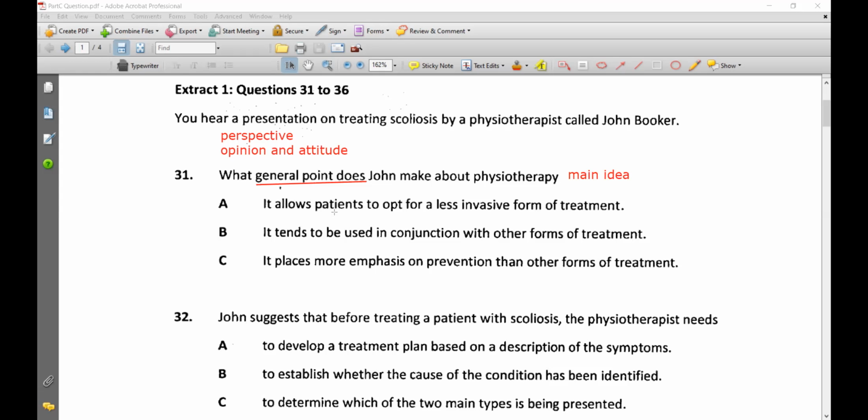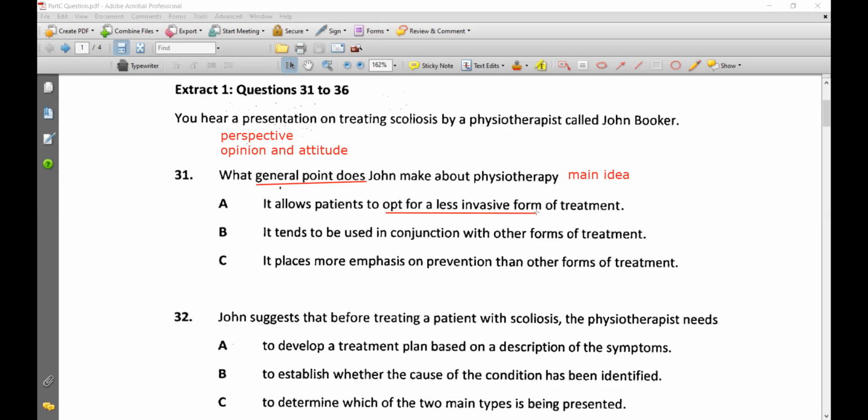First one says it allows patients to opt for a less invasive form of treatment. So when you are looking at answer choices, you try and highlight extreme words, negative words, blanket words, or any words that are comparative.